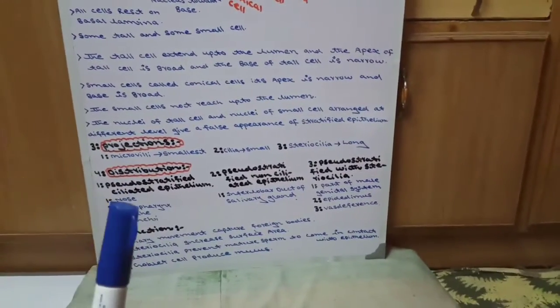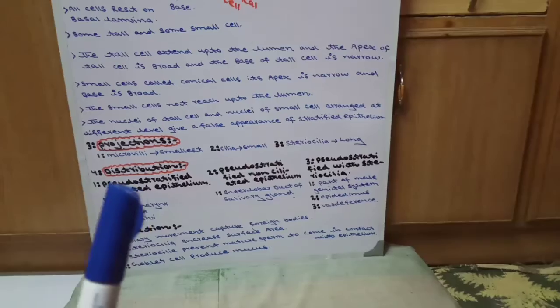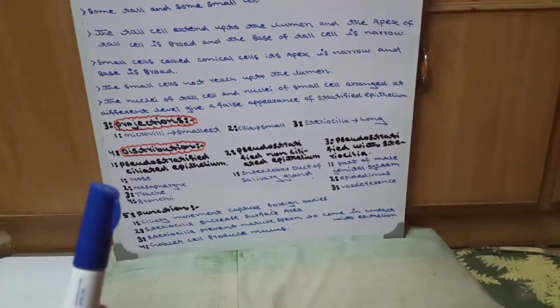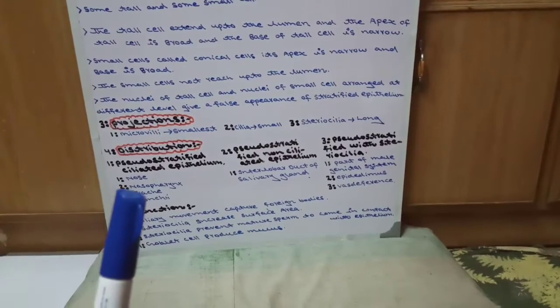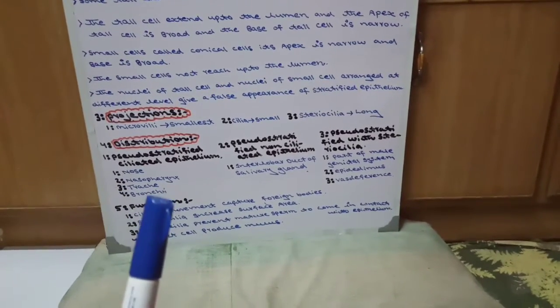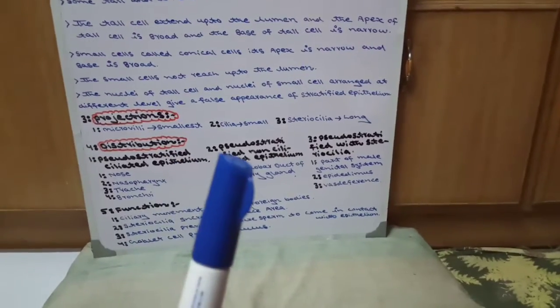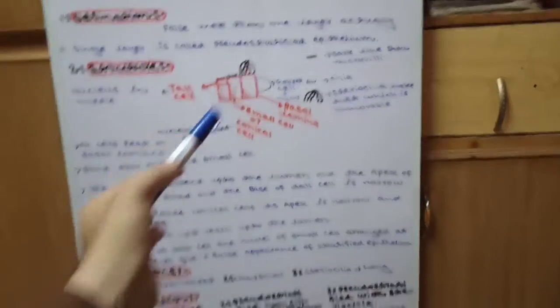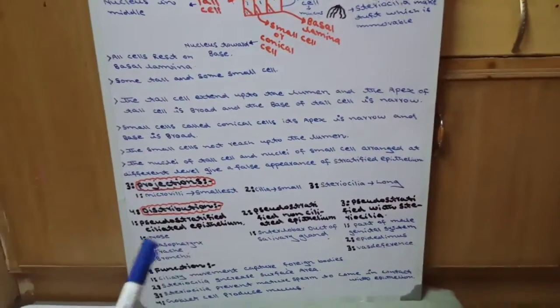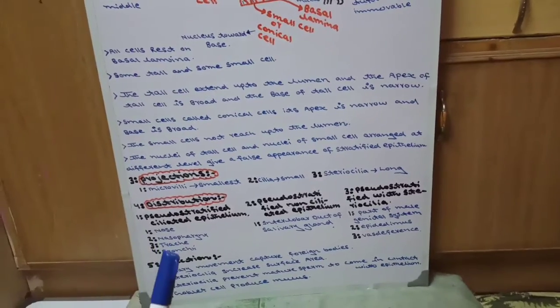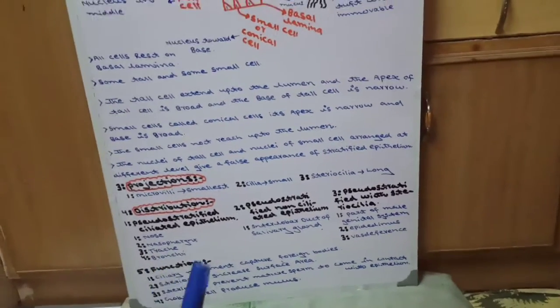Its distribution: it lines the part of the respiratory system which includes the nose, nasopharynx, trachea, and bronchi.